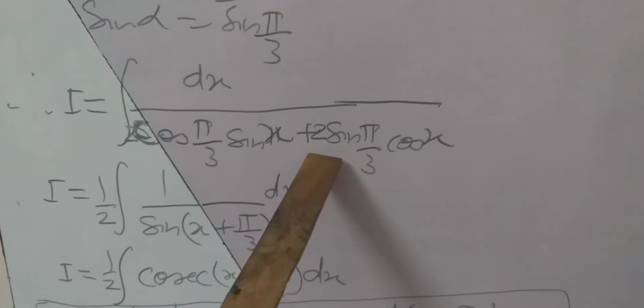2 is common. So cos pi by 3 sin x plus sin pi by 3 cos x.